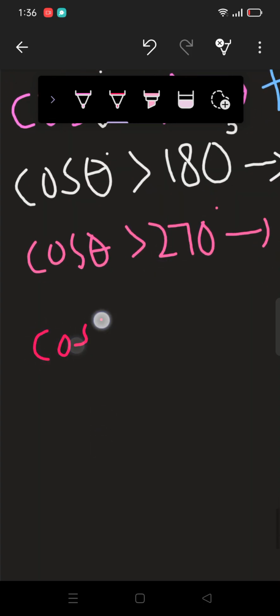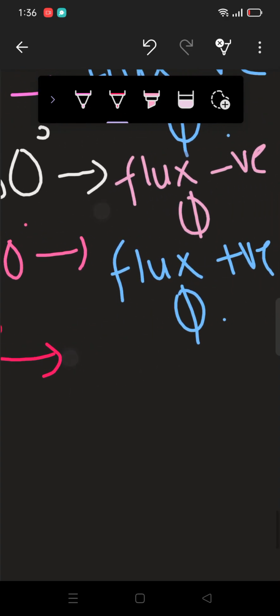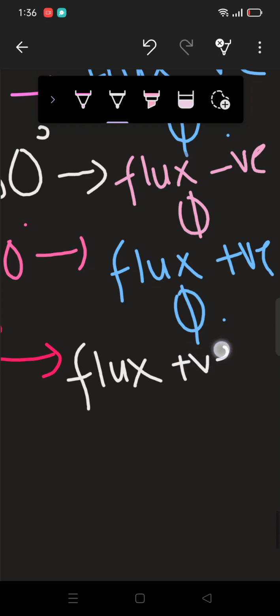So the angle is less than 0, and the effect on the flux will of course be positive, since it is going to lie in the fourth quadrant. So your flux will be positive.